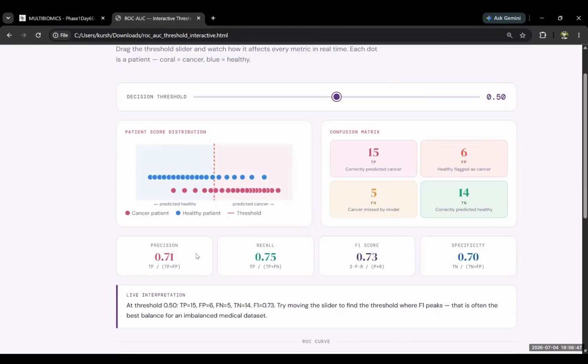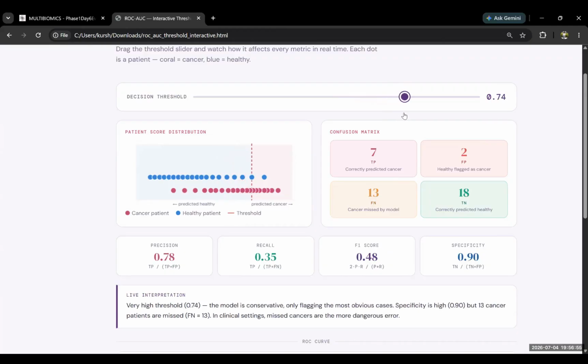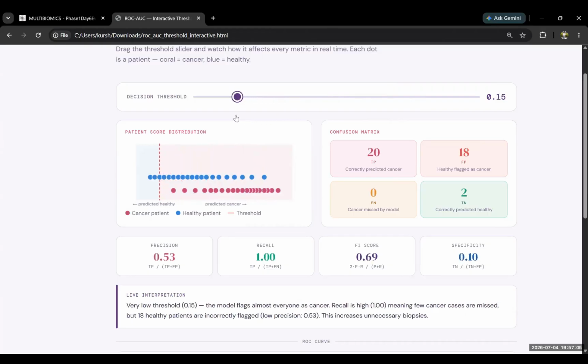If something is going up, others should go down. So when I'm increasing the threshold, you see precision is going up and recall is going down, right? Yes. And if I am decreasing the threshold, precision is going down and recall is coming up. Okay.